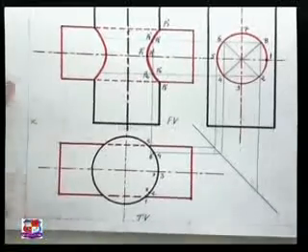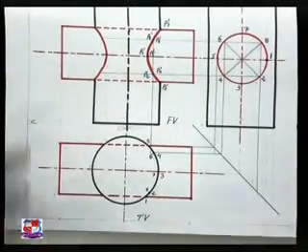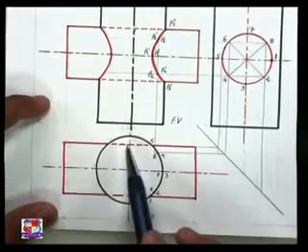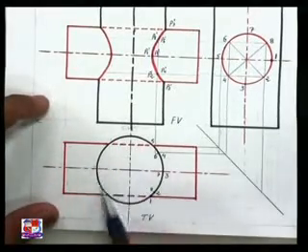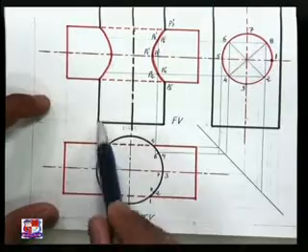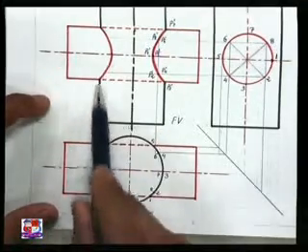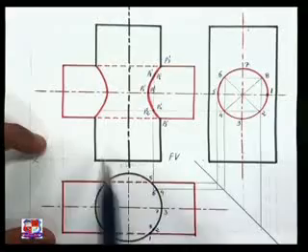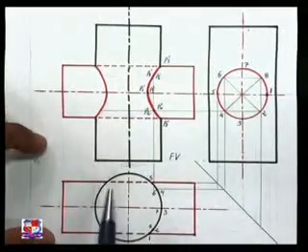First we will draw this circle, of the diameter given in our case. After drawing this circle, draw projection lines from its end points. From here draw vertical lines and then complete this rectangle. This rectangle shows the height of this cylinder.